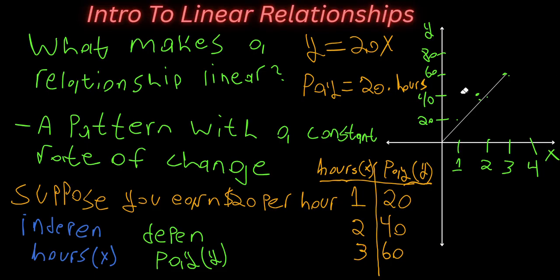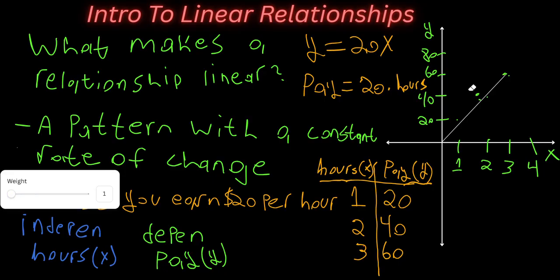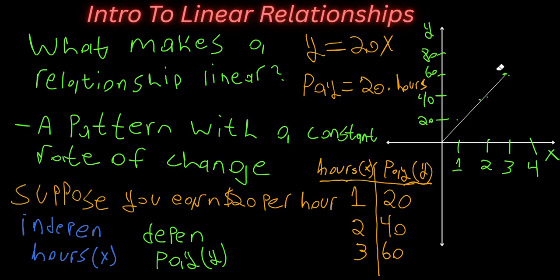Okay. I don't want to lose sight of the point here. When I do this in the future, it'll be on a graphing website or graphing paper more so. But our point is, for every 1 hour that passes, we create a line. Because every change in x has an equivalent change in y, we change an hour here, we go up another 20, we change an hour here, we go up another 20.